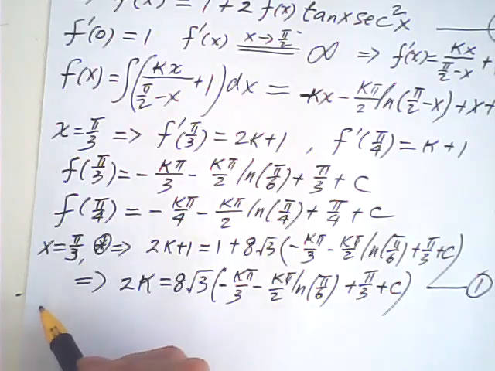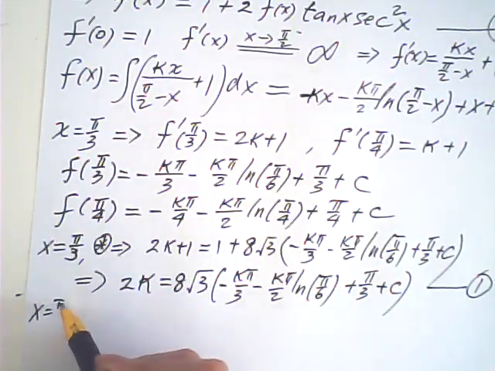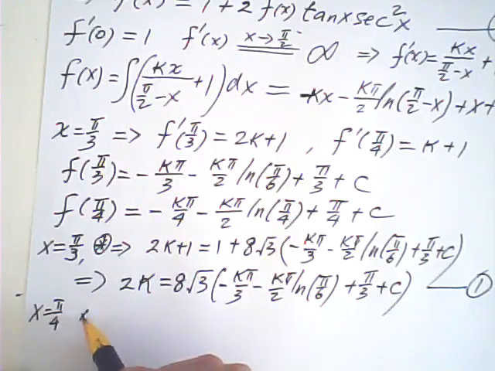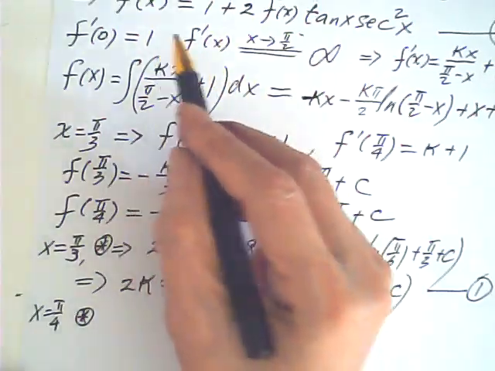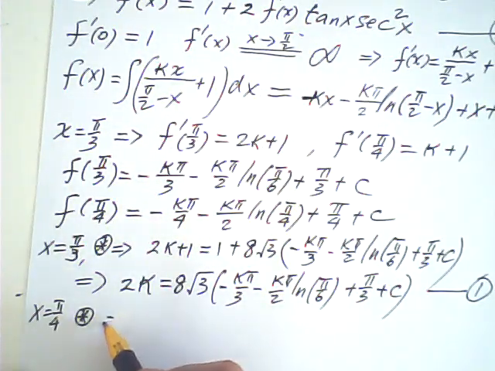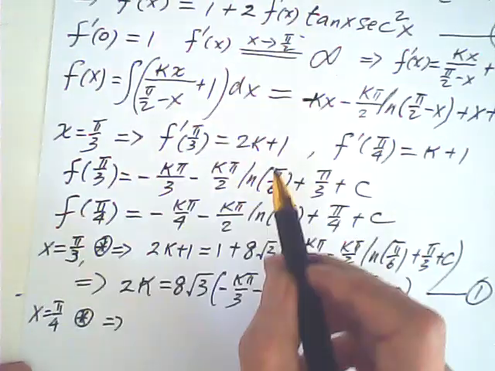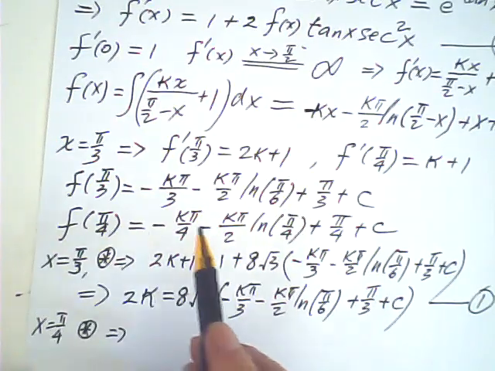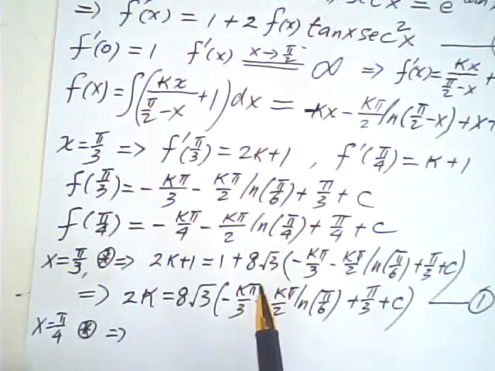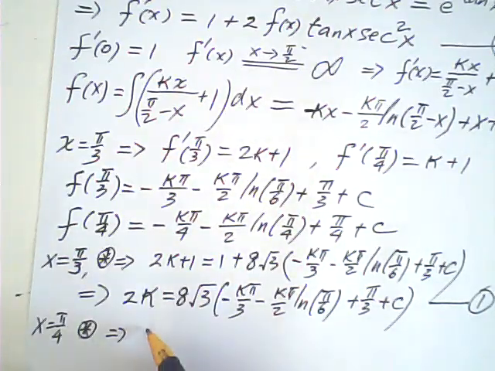Now then I plug x equal to quarter pi, then my star will be f prime of a quarter pi. F prime of a quarter pi is k plus 1.